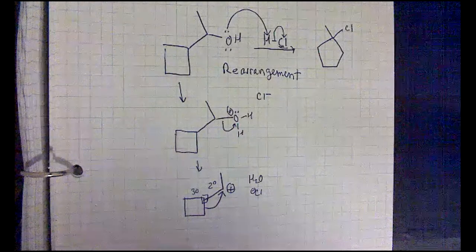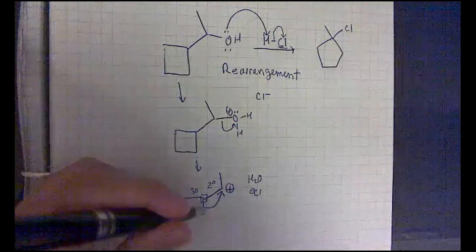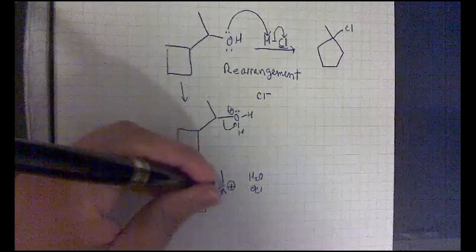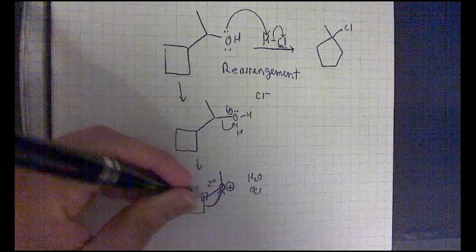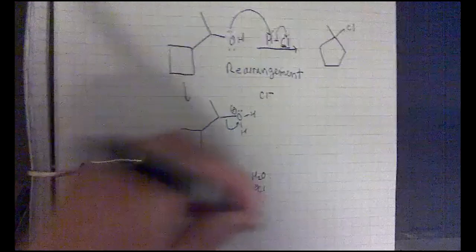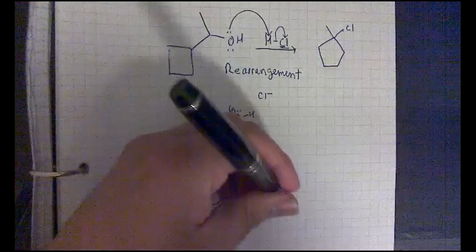Right, so now if I go back to this problem, that's a great picture to freeze on. This bond is just going to shift here like this. So now I'm going to put a circle around the carbocation and I'm going to put a square where the bond used to be. We go from a 4-membered ring to a 5-membered ring.